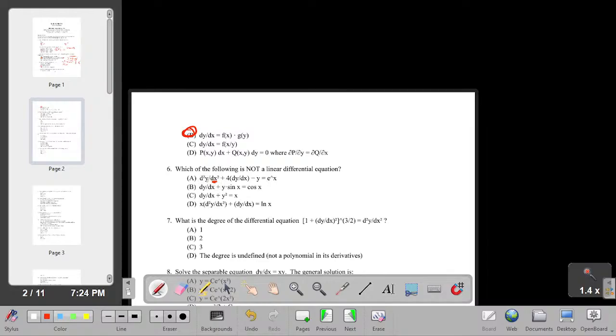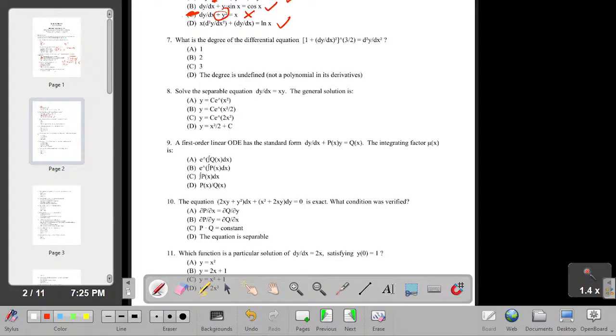It is a second order. So this equation is a perfect linear differential equation. There is nothing wrong with that, because y and its derivative are not multiplying. The highest power of y is 1, and the highest power of its derivative is 1, equal to ln x. The transcendental function is isolated here, so it is perfectly linear. Therefore, the answer is C. Now let's go to question number 7.